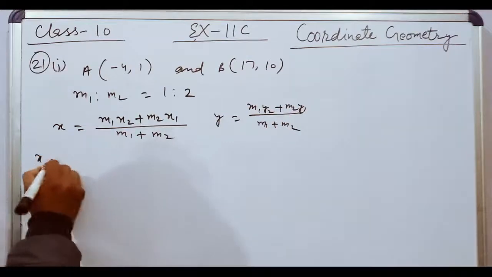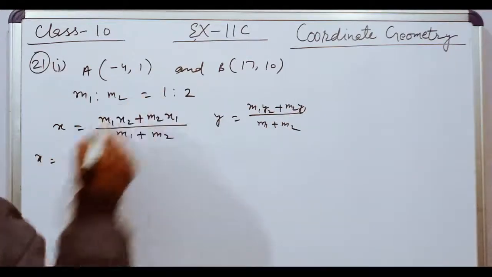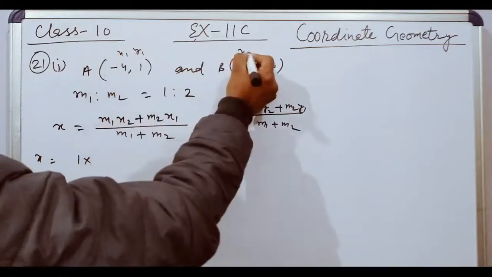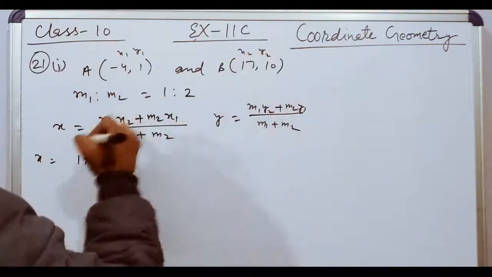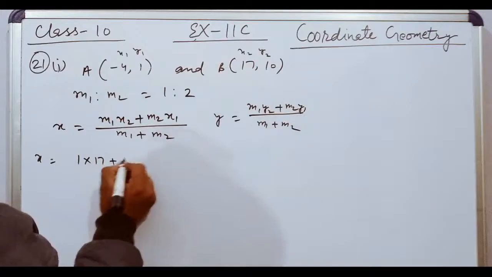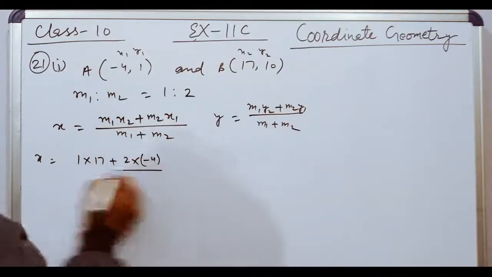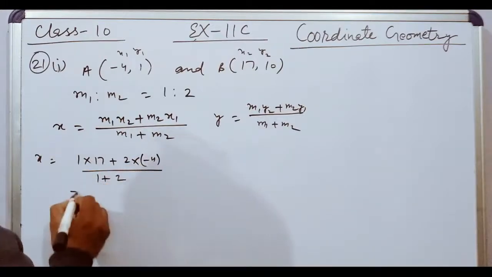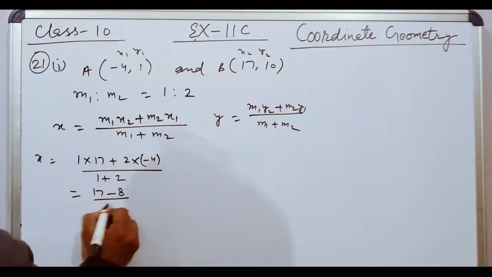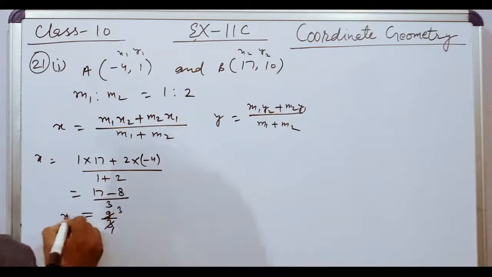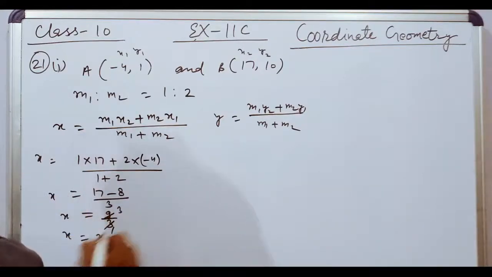So x equal to 1 into 17 plus 2 into minus 4, upon 1 plus 2, which is 17 minus 8 upon 3, 9 upon 3, so x equal to 3.